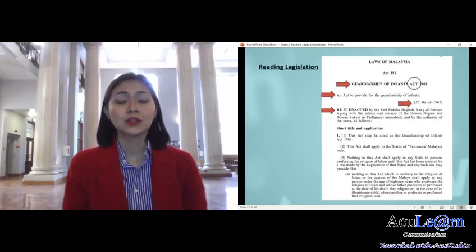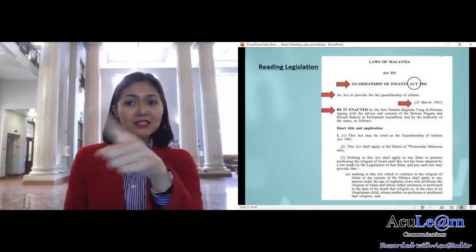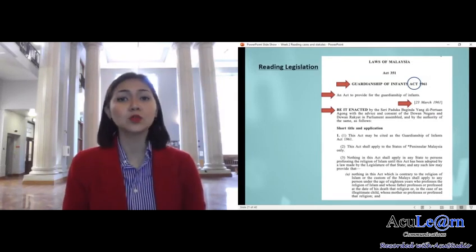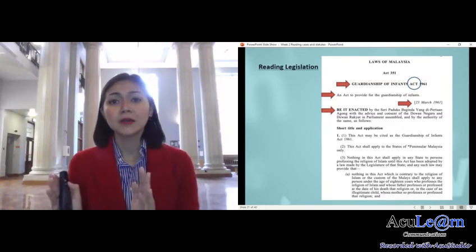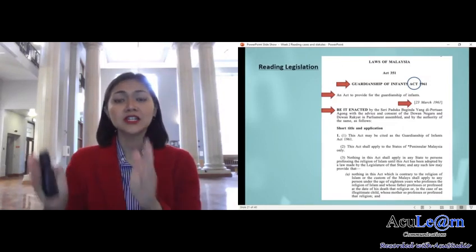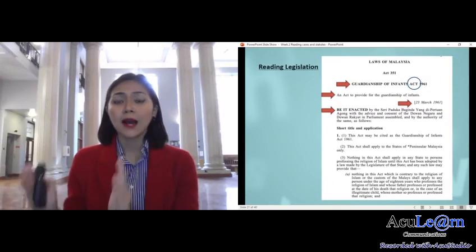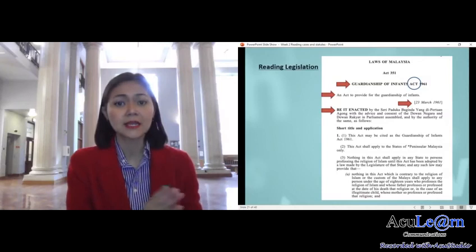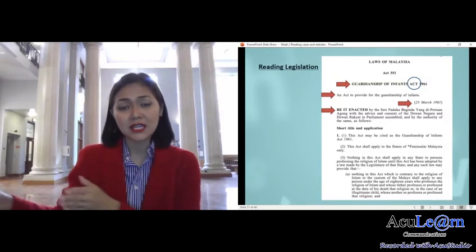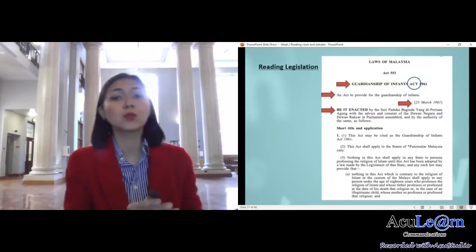So students, as you can see in the circled part there, you always need to bear in mind the difference between an act and a bill. An act means that this legislation has passed through the House of Commons, the House of Lords, and received royal assent. Whereas a bill is actually in the process of going through both houses.